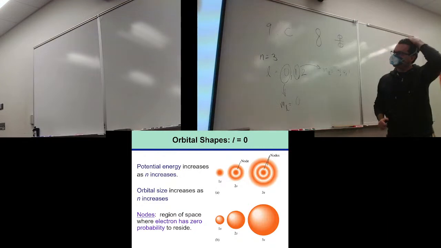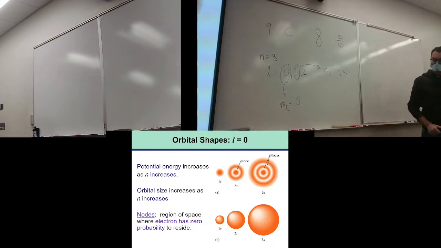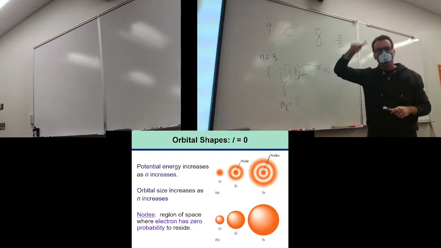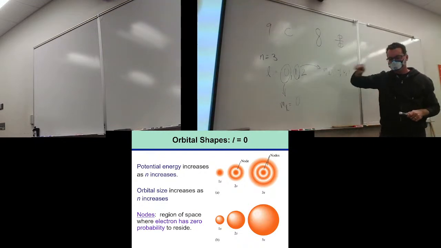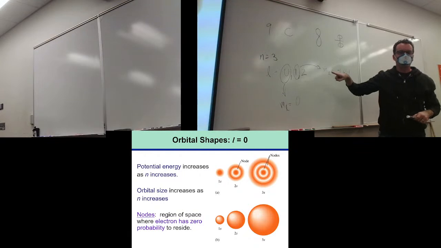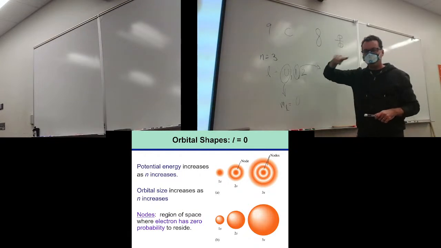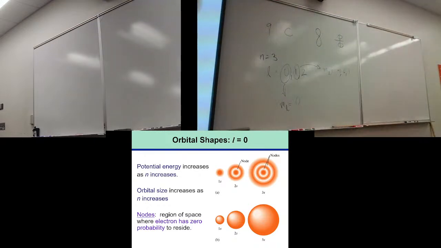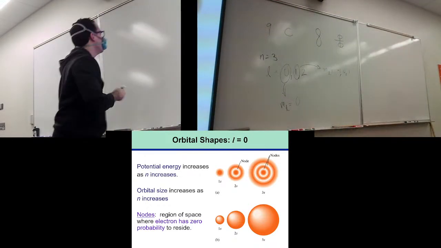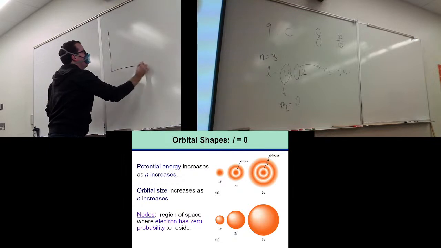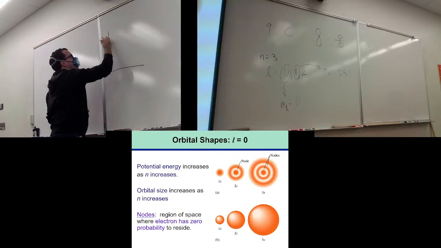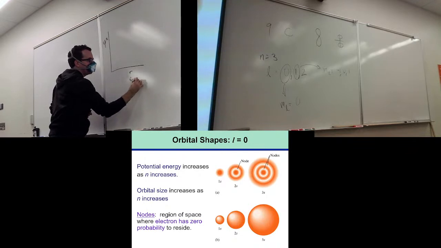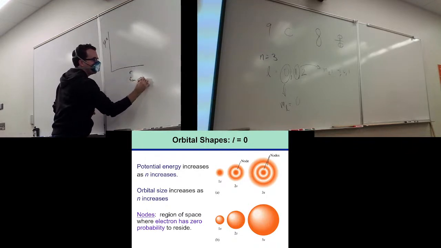Now, another thing, and it gets complicated. Those wave function diagrams, and you do psi squared, which is the probability of finding the electron. They get complicated. We're not going to worry about it too much, but for a 1s, here's psi squared, and here's the distance from the nucleus.